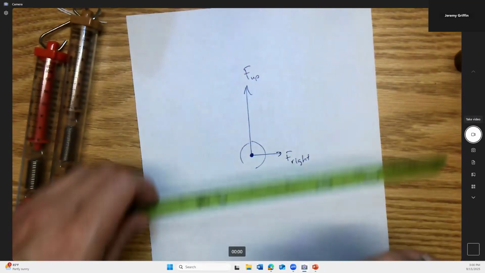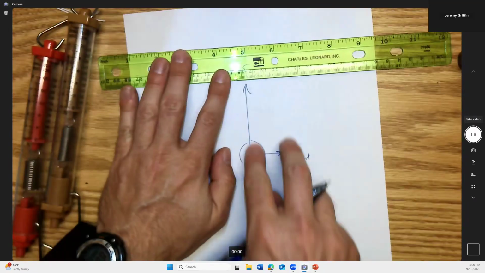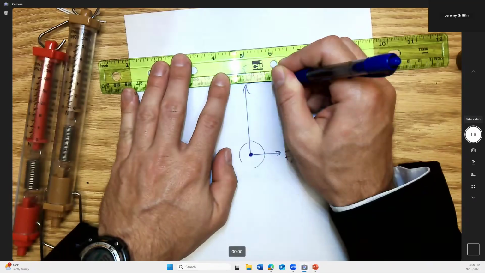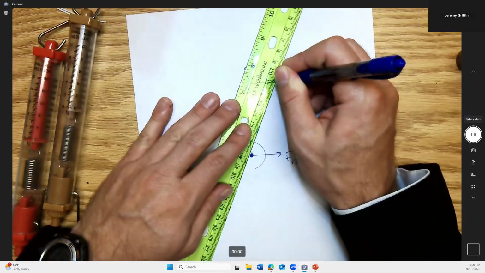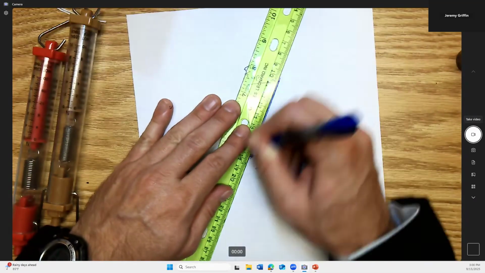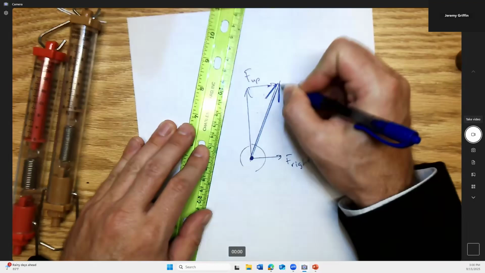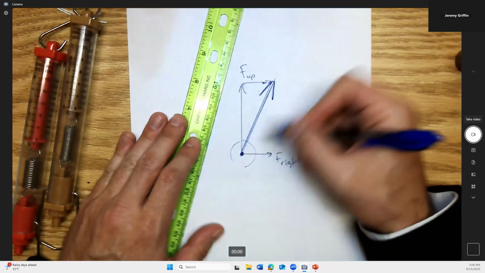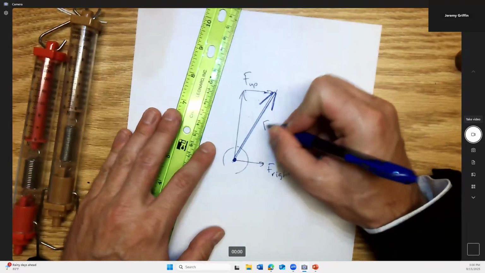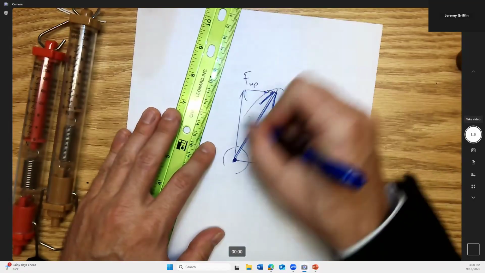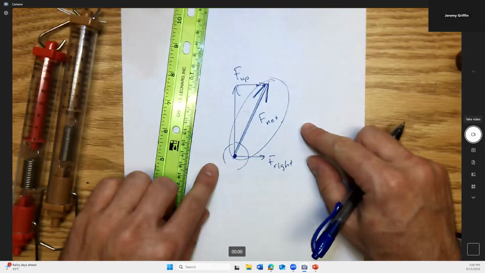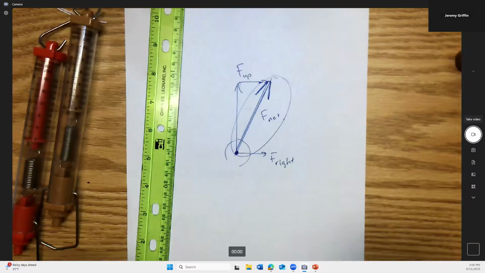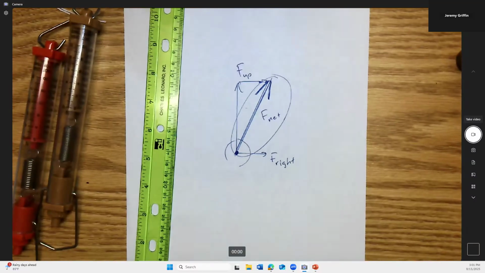So can I connect these tip to tail? Take this one and slide it up. Connect it tip to tail with this guy. And then from the tail of the first to the tip of the last, doesn't that create this big old resultant right here? And this resultant is the net force. So it's as if that's the only force acting on the object. You guys got that? And so it'll move that direction, or I should say it'll accelerate that direction.